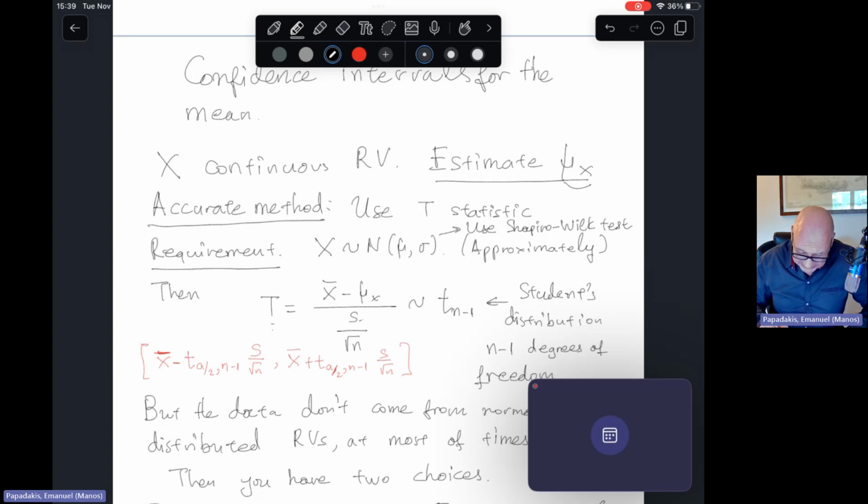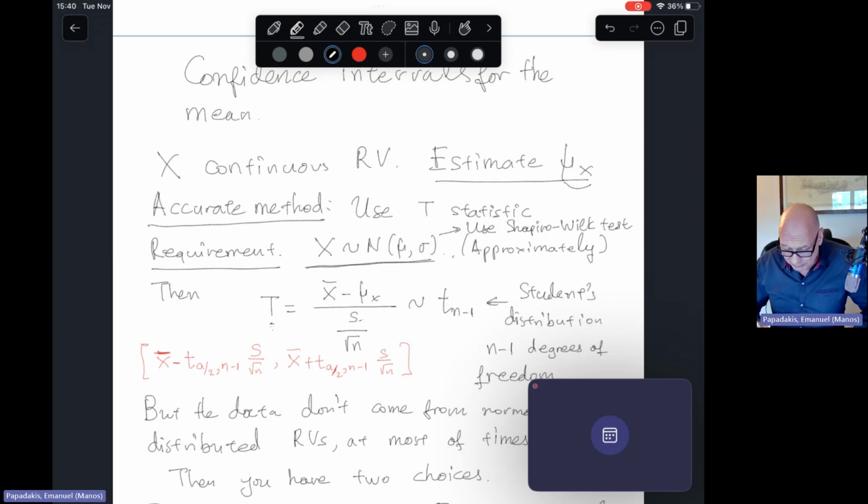Now, to have this sampling distribution calculated, to make the mathematics work actually, you need one assumption: that X, the random variable which you study, from which you collected the observations, must have normal distribution. Well, no random variable will have precisely normal distribution when you judge the random variable from the data.